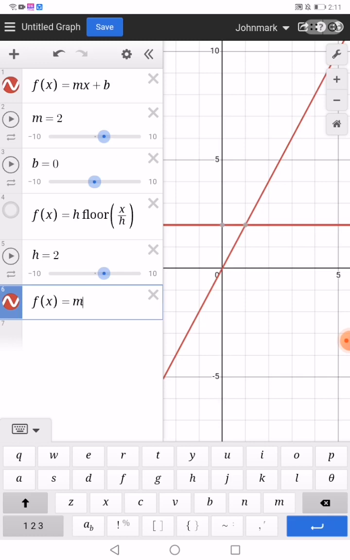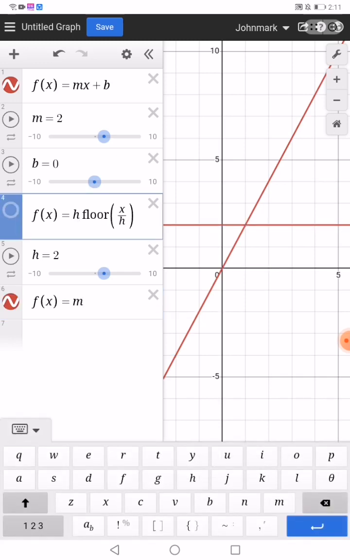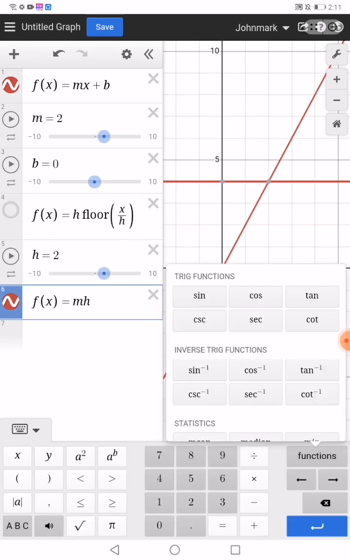Now we can see that the h is 2 units. So I will just multiply this h by the integer of x over h. We'll use this one, h, and we'll use the floor function.